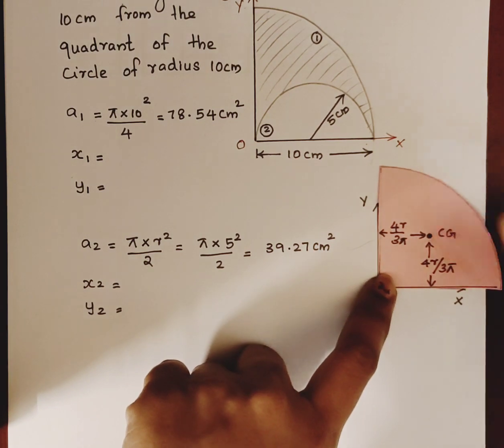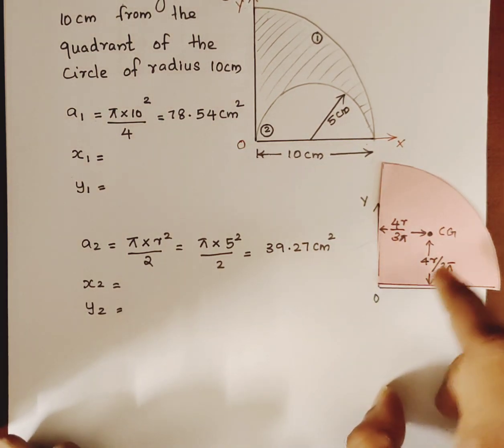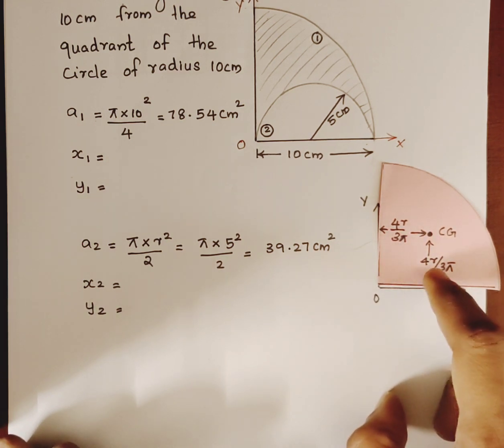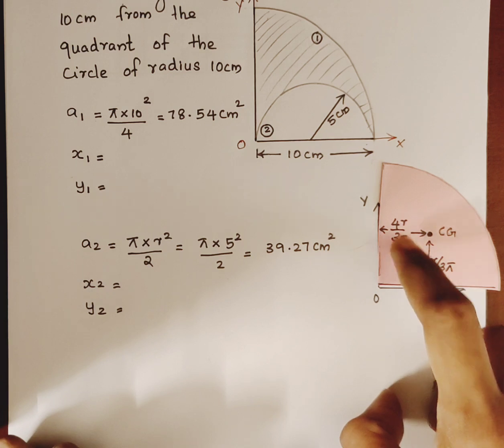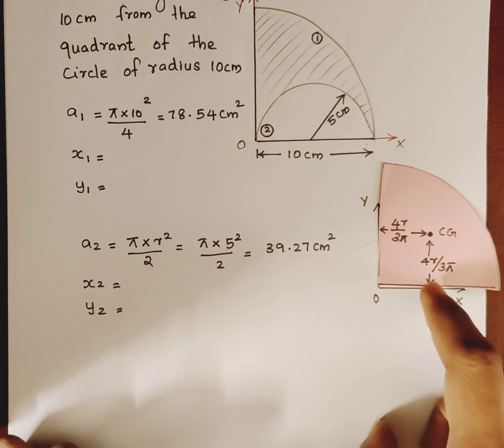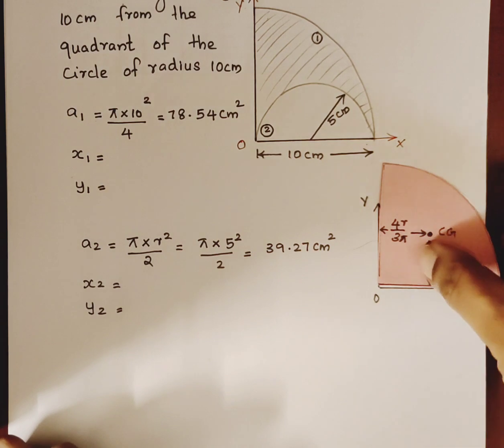So for the quadrant, if the reference axis is OX and OY, then the coordinates of the centroid are at a distance: x coordinate is 4r by 3 pi from the reference axis OY, and the y coordinate is at a distance 4r by 3 pi with respect to the OX axis.